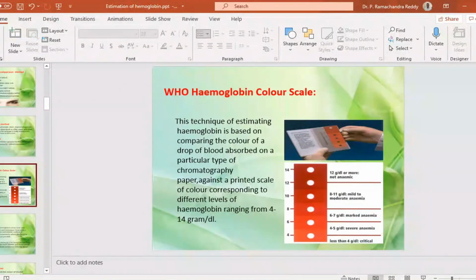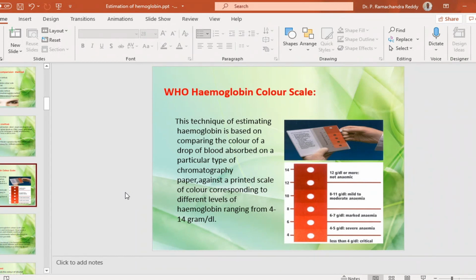That's what we are going to see. The WHO hemoglobin color scale is an important one, which we can use even in the laboratory, or even at home. The only thing we need is to download this WHO color scale on your mobile, and then you can do the hemoglobin test at your home itself.